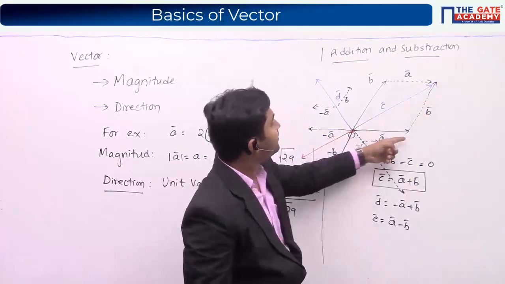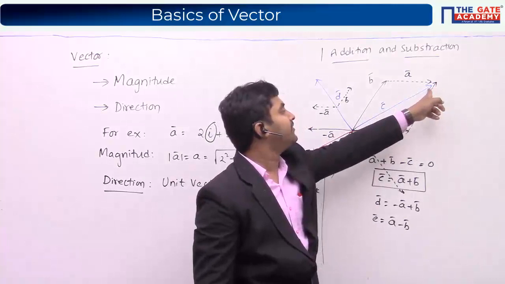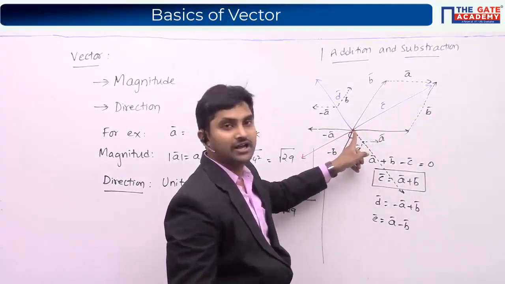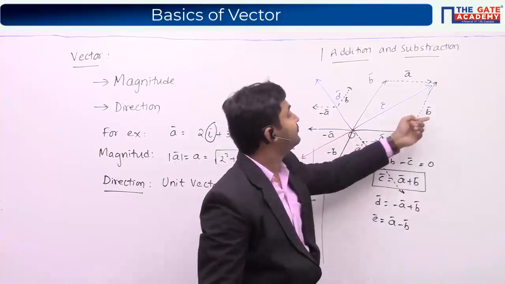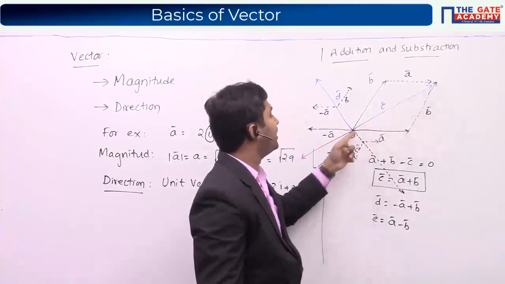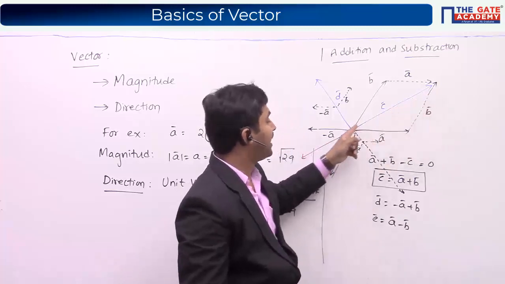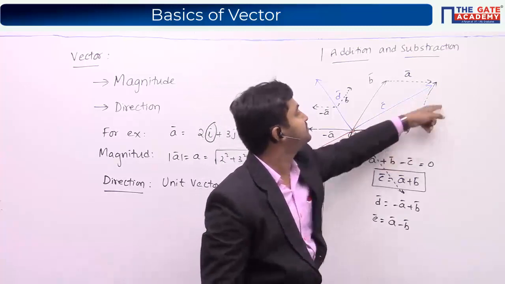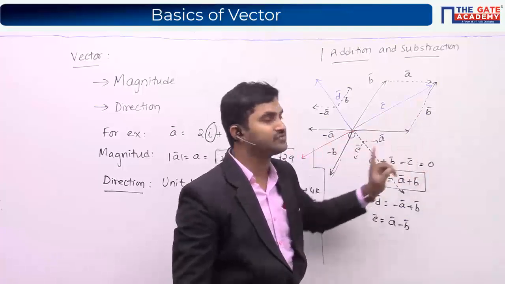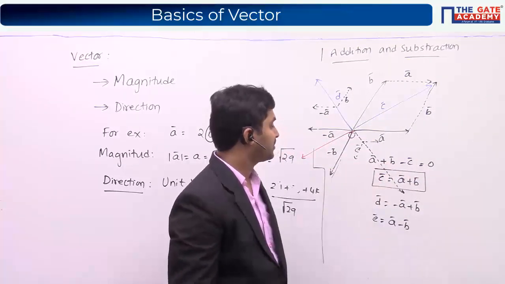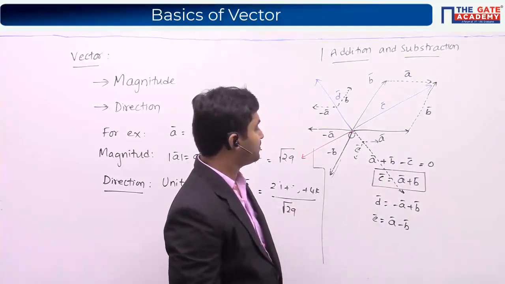So A bar plus B bar, and moving in the opposite direction to the top of C bar, I'm reaching the same point called O. It means wherever I started, to the same point I'm coming back. So what I can say is A bar plus B bar minus C bar is equal to the top 0. So I can say C bar is equal to the top A bar plus B bar.